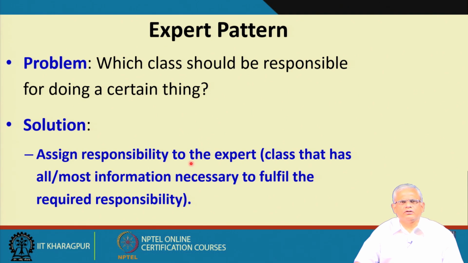A class might have all the information necessary to carry out the required responsibility, then we definitely assign to that class. But even if it has most of the information, but only a few pieces of information are with other classes, still we assign this to the one with the highest set of information. We will see the implication of this pattern. It reduces coupling between classes, makes the classes cohesive and so on.